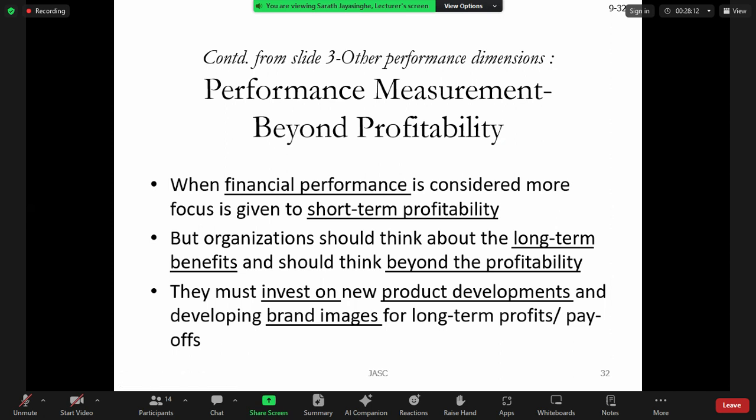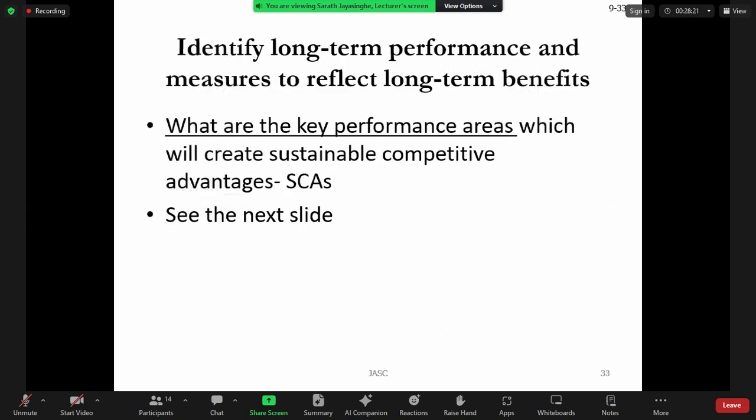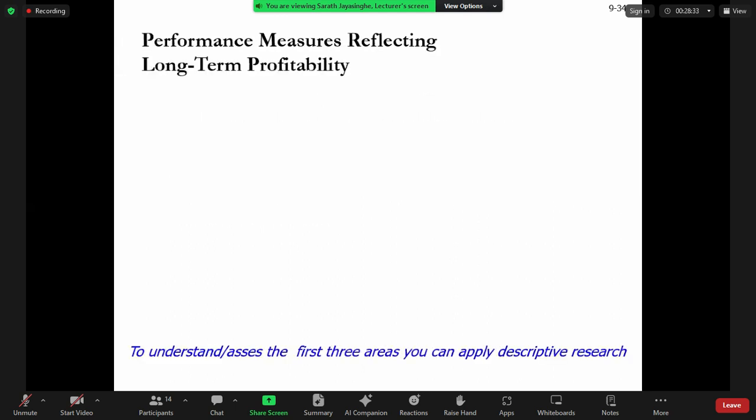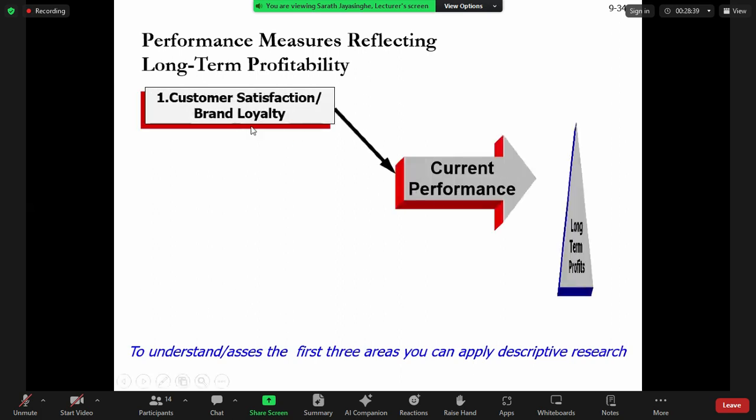We have to invest more money, do advertising, right? Promotion, right? That is what we are talking here. So identify long-term performance and measure to reflect long-term benefit. What are the key performance areas which will create sustainable competitive advantages, right? So let's see performance measures reflecting long-term profitability, customer satisfaction, and brand loyalty.